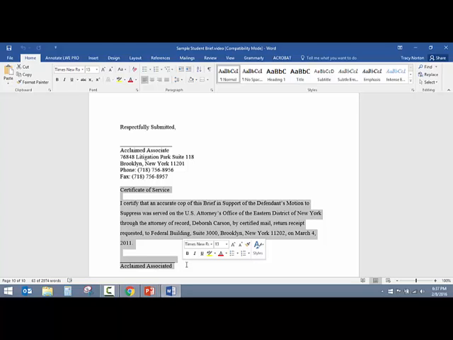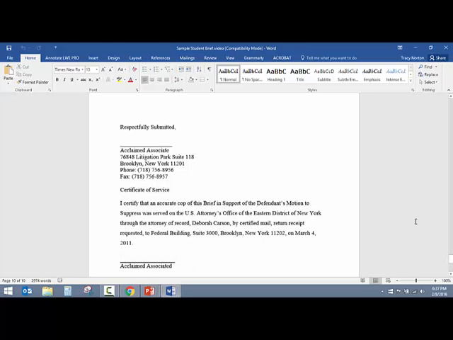And so that is the purpose of the certificate of service. And so those are 2 things, the signature block and the certificate of service, that you will add to every document that you write from now on. And so you'll see similar elements in the appellate brief.